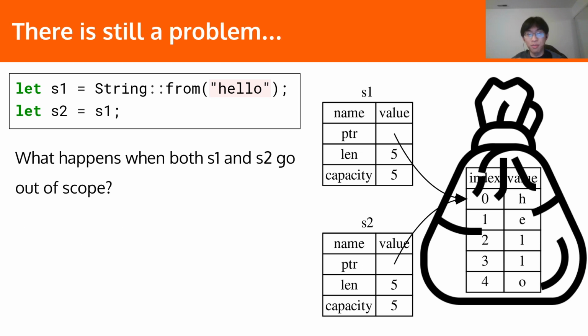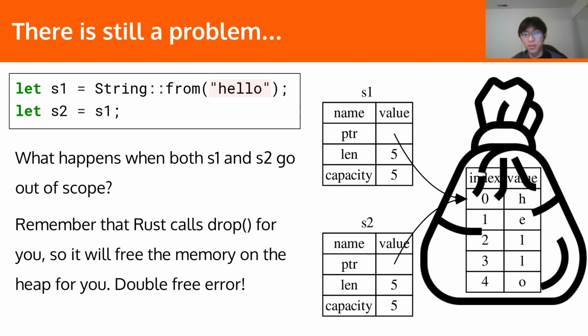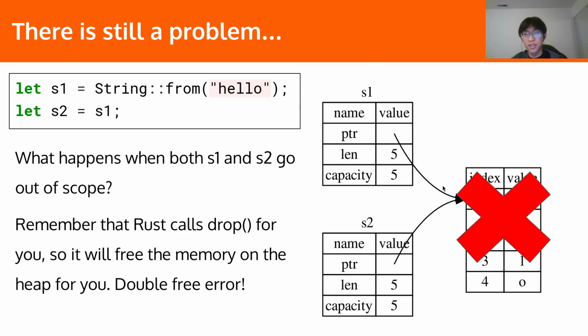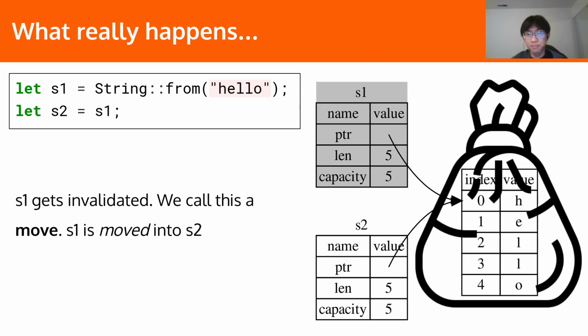But there's a different problem here, which is what happens when S1 and S2 both go out of scope. Rust will automatically call drop for you. So what ends up happening in this model is that once S1 gets dropped, this heap data gets freed, and then S2 gets dropped and it gets freed again, and we have a double free error. So this doesn't work.